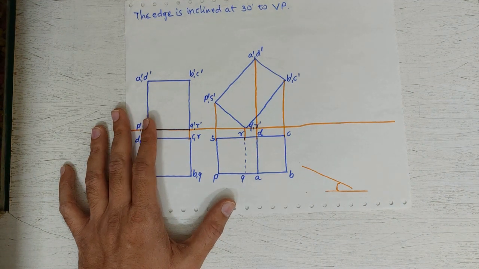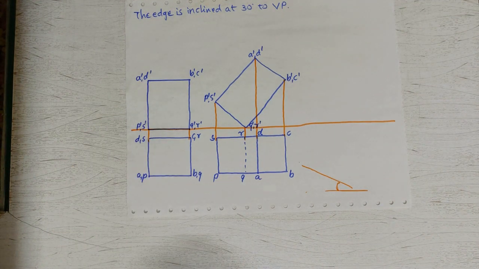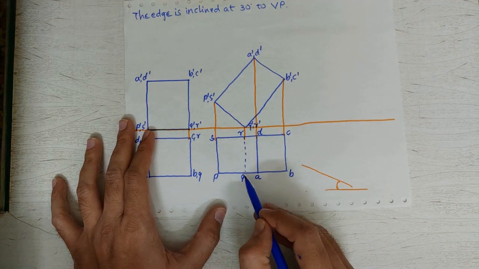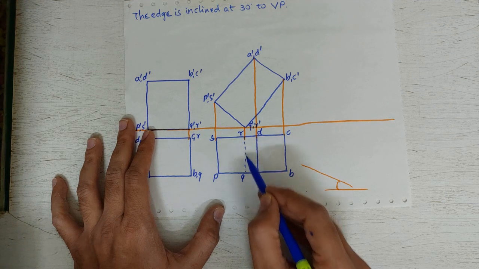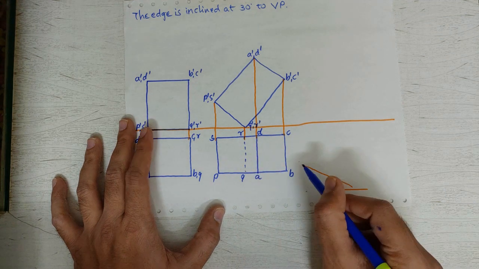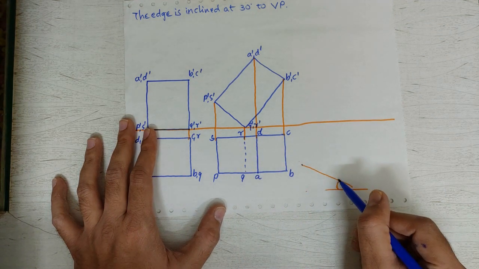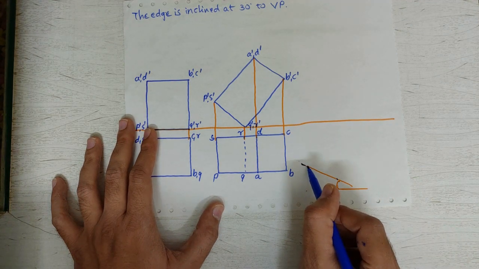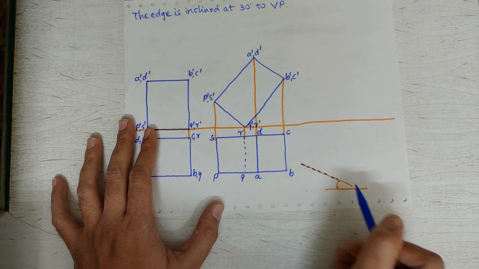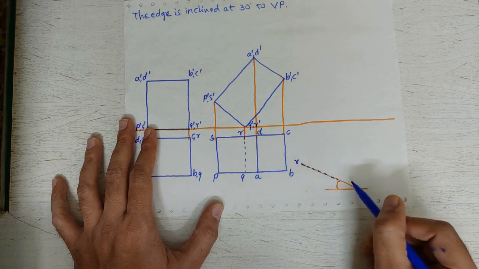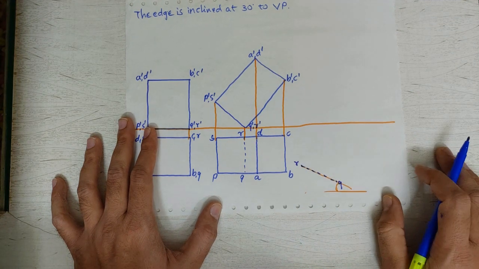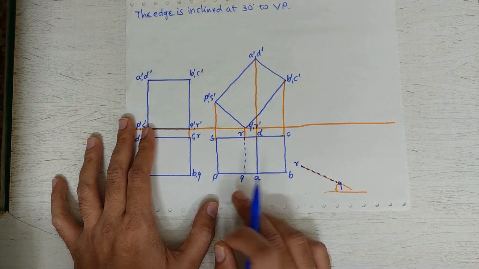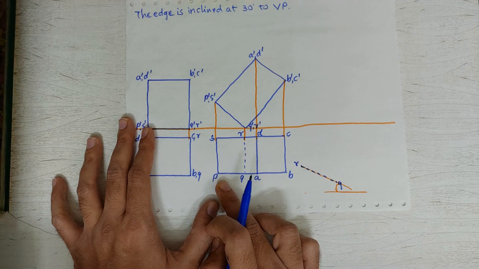Now, on this line, using the measurement compass method, I will put this length QR. That gives me the required edge QR, and now using the arc method I have to just reproduce this shape.